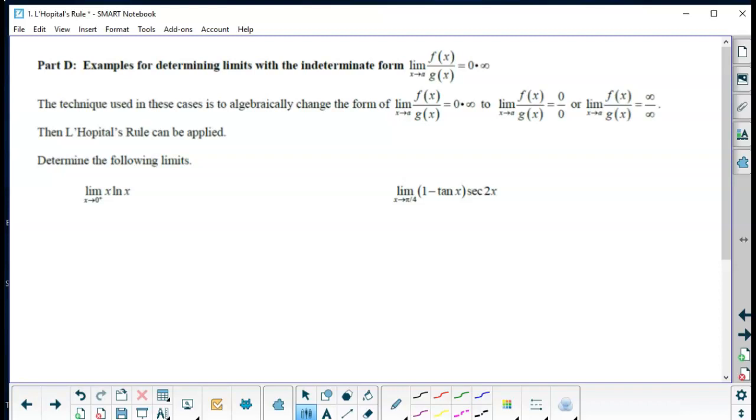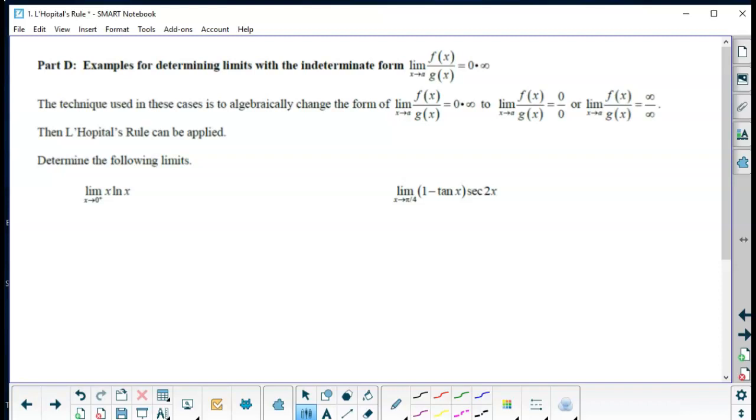But if we do that substitution, we get, for example, the first one, x is 0 times ln of 0. Well, that's 0 times infinity. So we want to then change that, if we can, to a ratio of functions, okay, and then use L'Hopital's rule, right? So if we change it to a ratio and we get 0 over 0 or infinity over infinity, we can use L'Hopital's rule and find the limit.